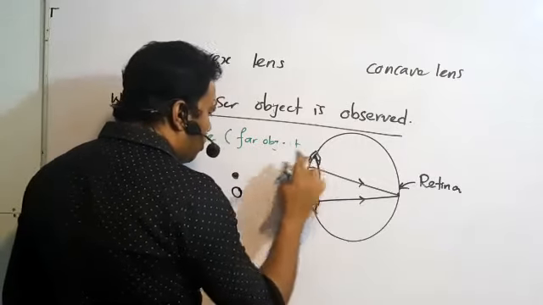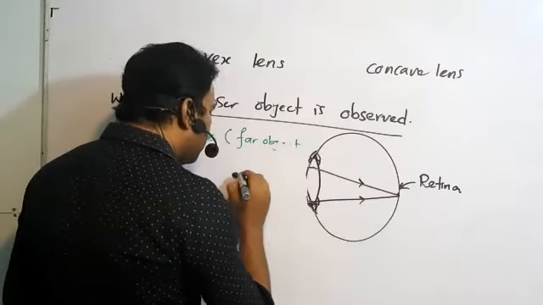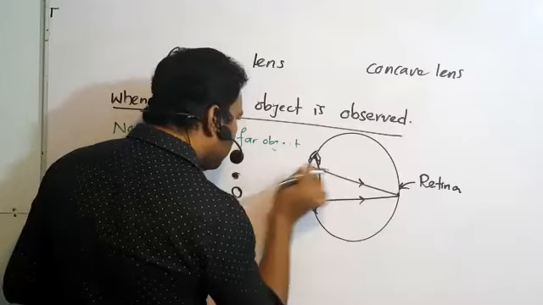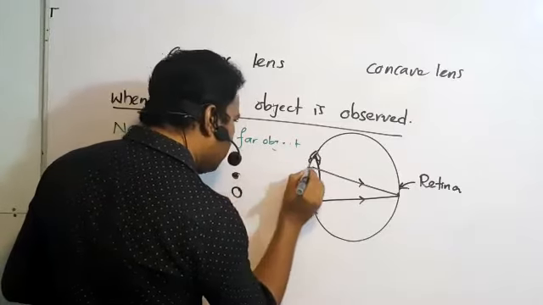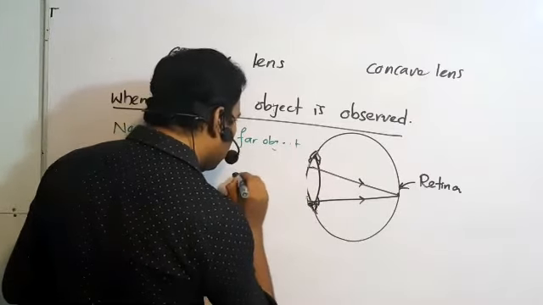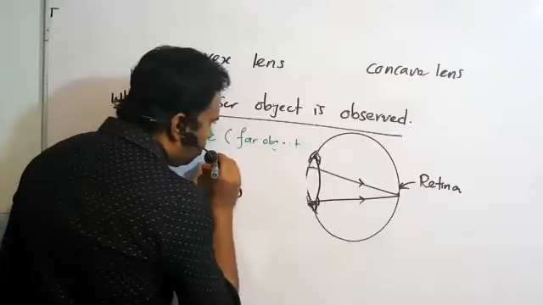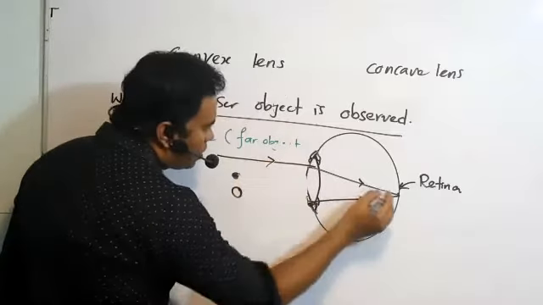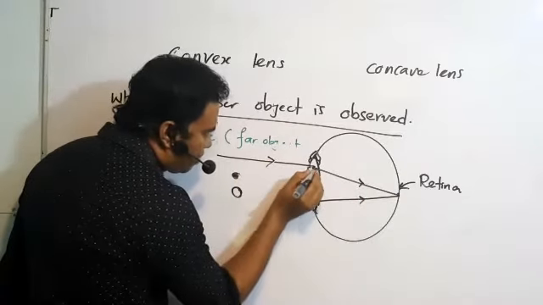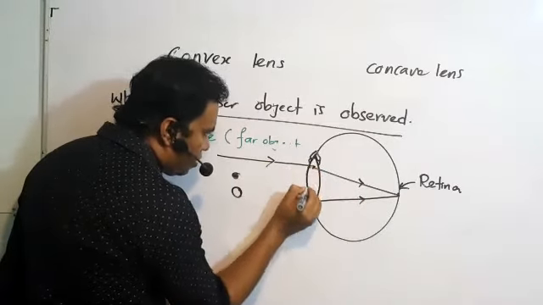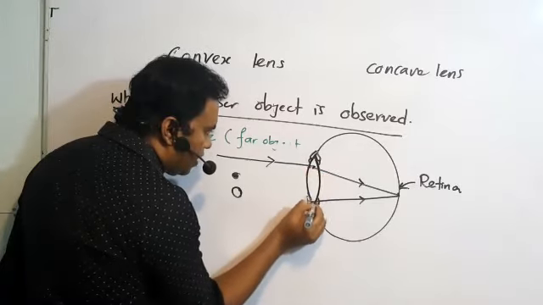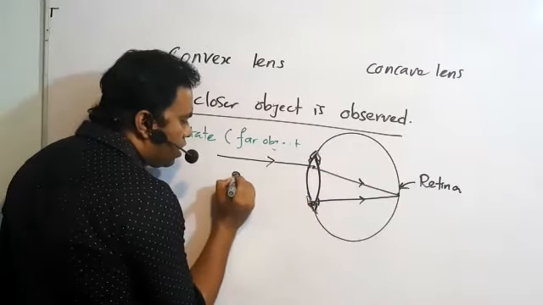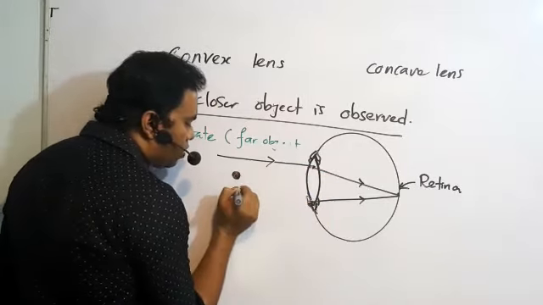Now, if you try to focus this with this curvature, you know that parallel light rays focus onto the retina correctly. Without changing the curvature, what happens if we observe a closer object?